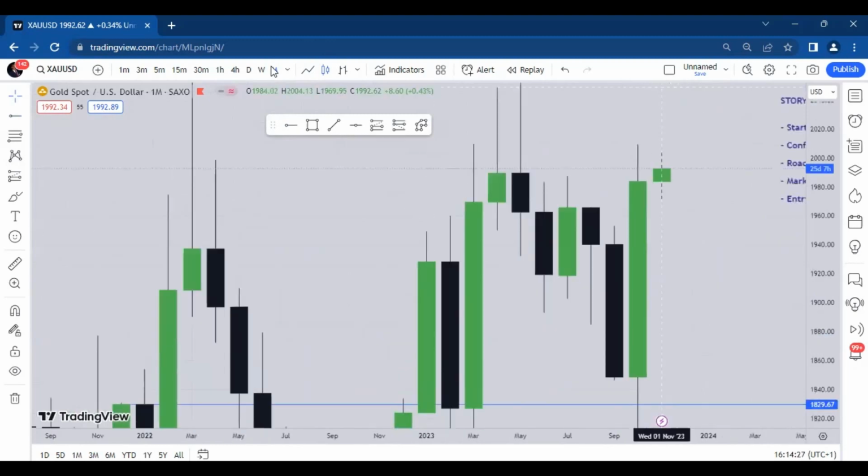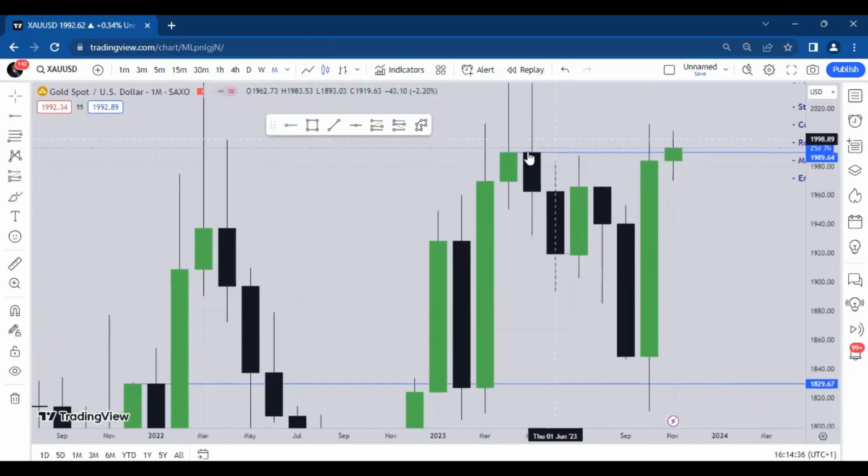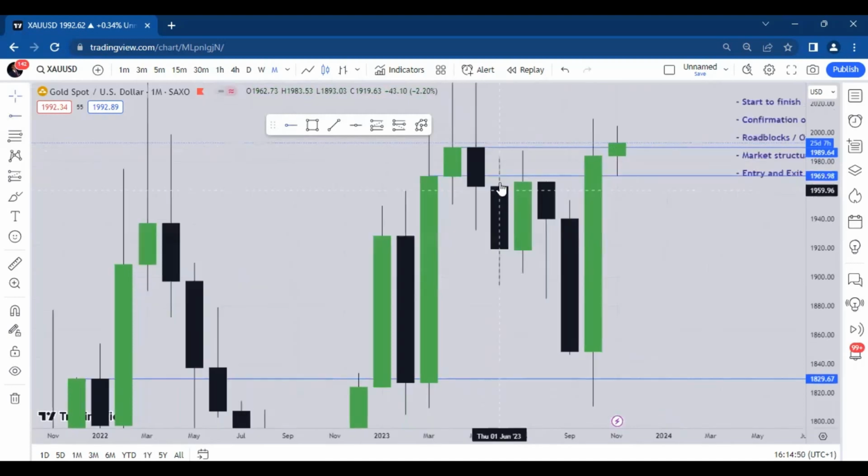But after that, we saw that the market formed a resistance on the monthly, which is here. This is an apex resistance. It formed another resistance again. After that one, we had an open and close here. This space between this candle and this candle here is a resistance as well. So this month did not reach the apex. The month of June, this is June 2023, it didn't reach the apex, but it reached this open and close, and it started to sell.